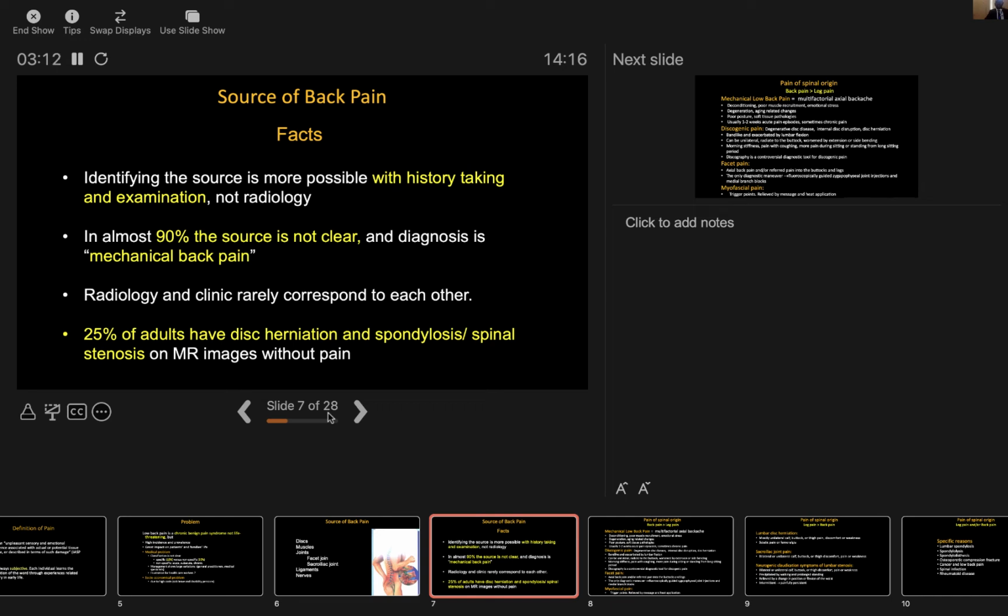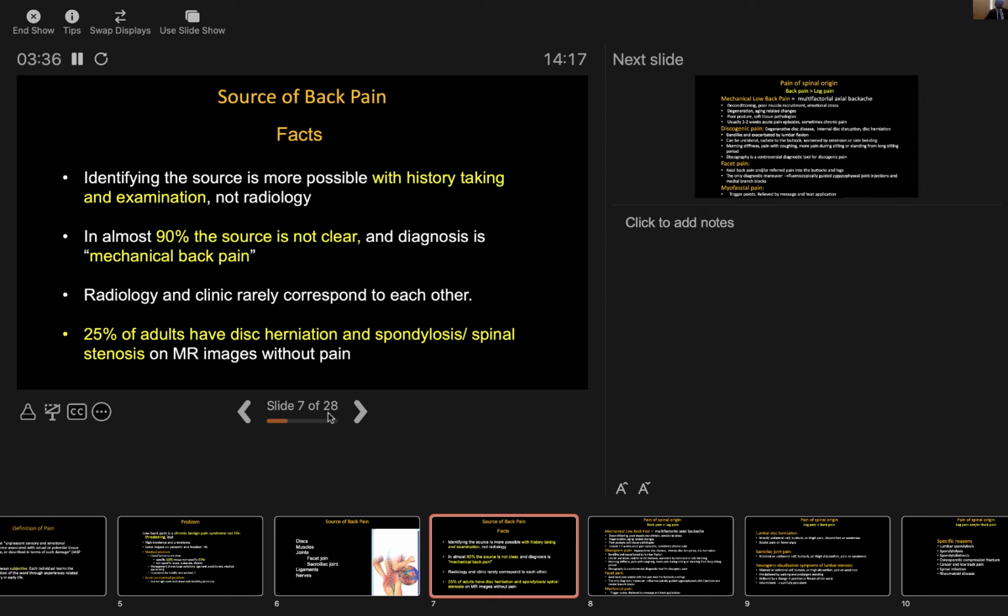When you make an MRI and see some degenerative changes, you almost always cannot say this lesion is the reason for the symptoms. So there is no correlation between the symptoms and radiological findings.